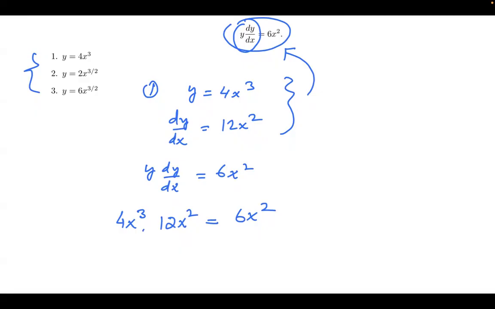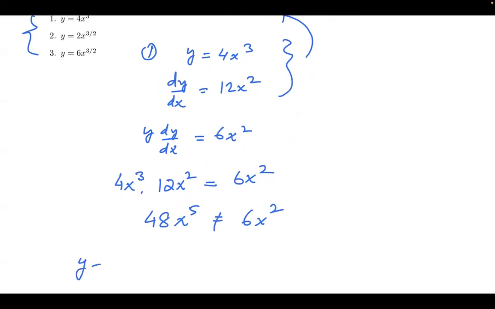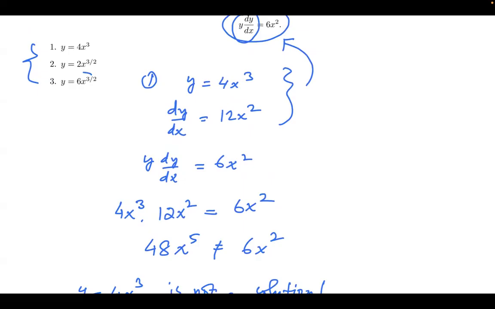When you multiply these coefficients, you get 48, and you add these exponents, this is x to the 5, which is obviously not equal to 6x squared. So y is equal to 4x cubed is not a solution. Similarly, you can check whether number 2 is a solution or not, whether number 3 is a solution or not. Okay, so let's move to the next question.